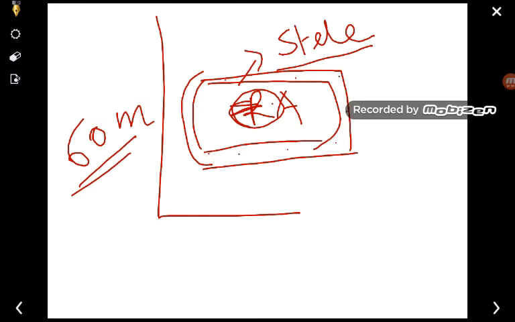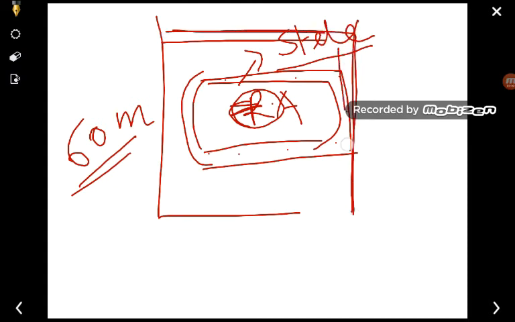And after the filling of the chambers, the chamber should be sealed off. In this way, we have to pack this radioactive waste and then dispose underground.